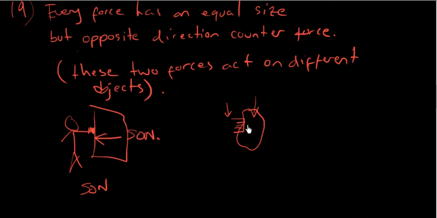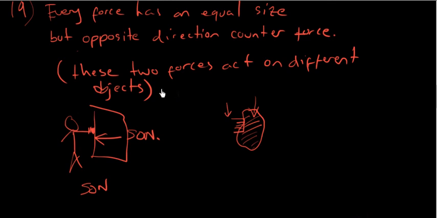It's just that because the structure of the pie is much less strong than the hand, the hand is what keeps its shape, and the pie is what gives way, right? But if I did it against the wall, and the wall's got a stronger structure than my hand, I will probably feel much more the change in shape and the damage than the wall, so that would hurt, right?